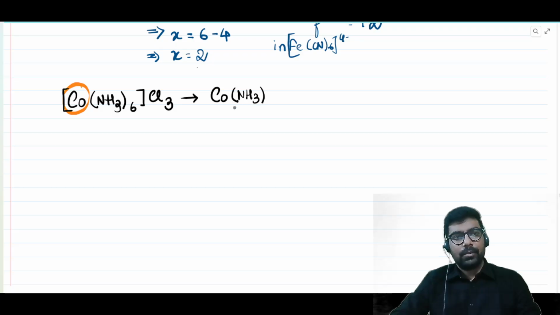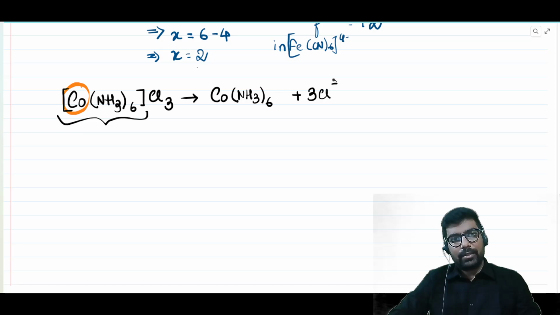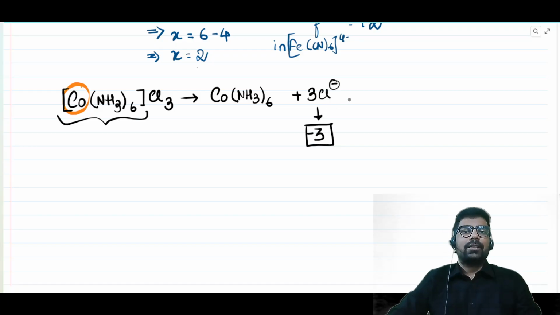Co(NH3)6. So this part, what will be the charge for this part? For the overall molecule to be 0, what should be the charge for this part? Cl, there are 3 Cl minus. So the overall negative charge is minus 3, because it is 3 into minus 1.